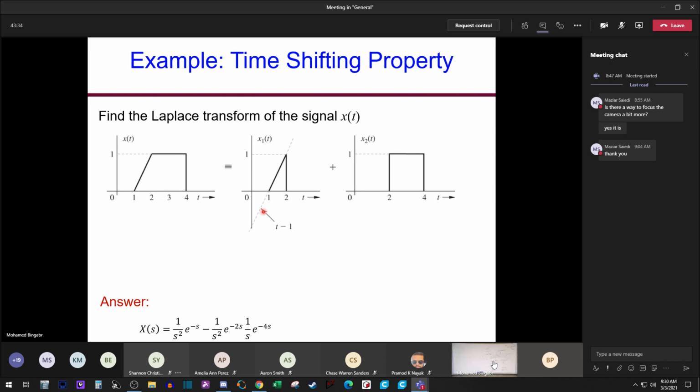One that looks like this, which is this portion, plus this portion, which is this. So now x of t equals x1 of t plus x2 of t. Then find the Laplace transform of this one and of this one, and add them up to get the Laplace transform of this one. So I'm using linearity here. So let's start.